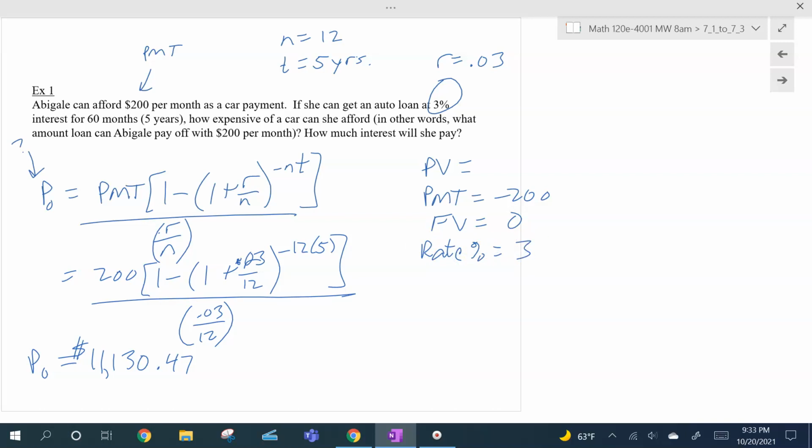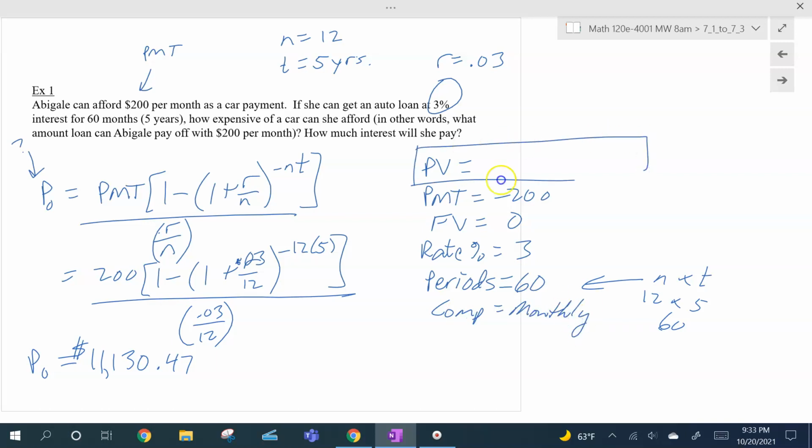Our periods, remember this is N times T, so 12 compoundings per year, 5 years. So this is 60 periods, 60 payments that we're making. This is compounding monthly, and we're going to click on what's the loan amount here.